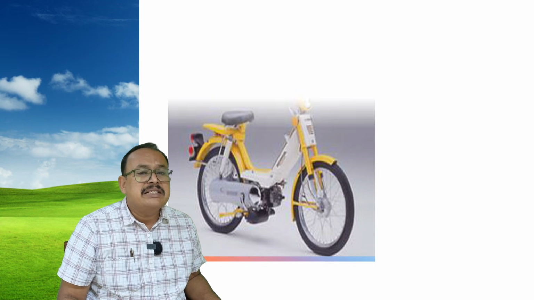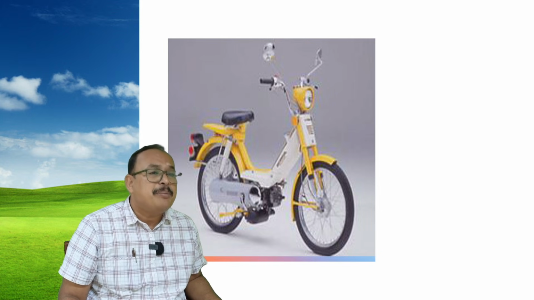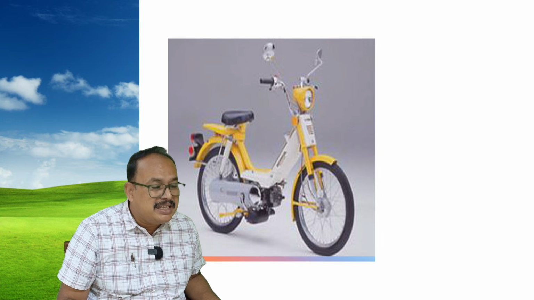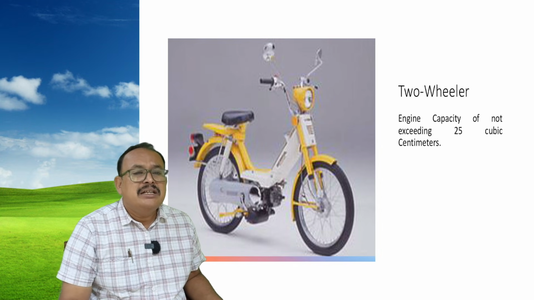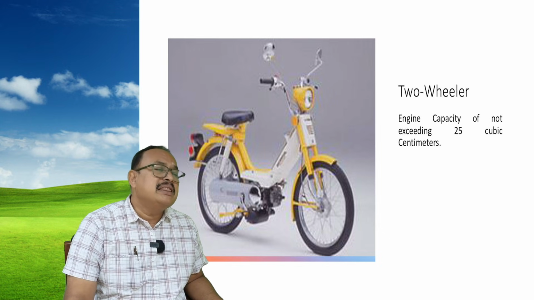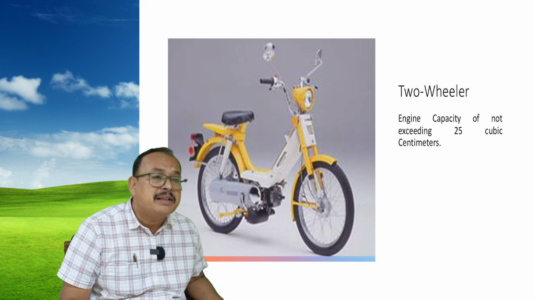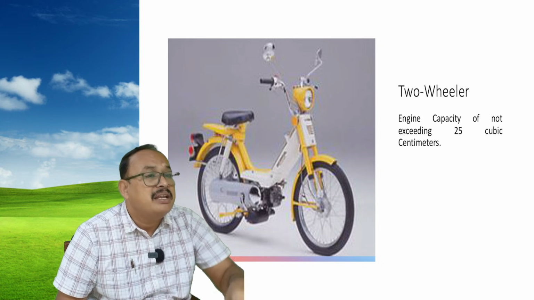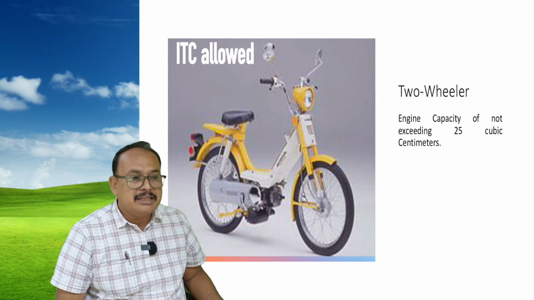Furthermore, if it is not a motor vehicle, not required to be registered under the Motor Vehicles Act, where the capacity of the vehicle does not exceed 25 cc, it is a two-wheeler not exceeding 25 cc. In that case, it is not a motor vehicle as per the Motor Vehicles Act, not required to register. Therefore, if I purchase this type of vehicle by payment of GST, can I avail ITC? Yes, ITC is allowed. Is that clear, sir?